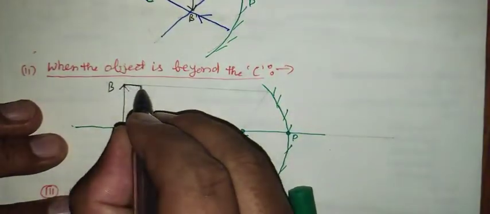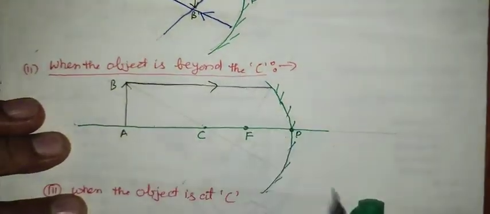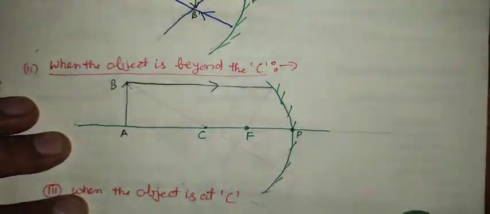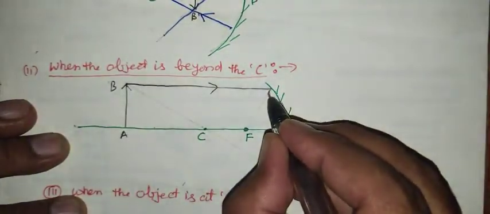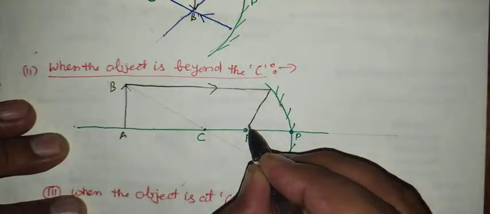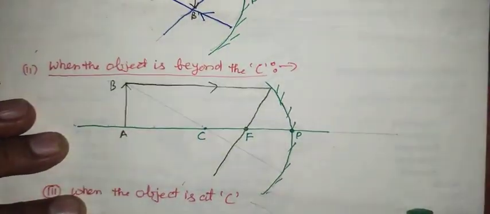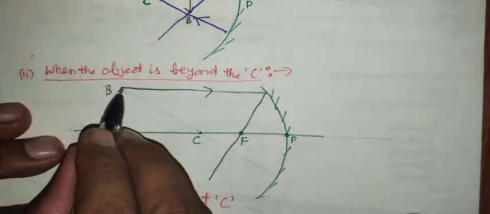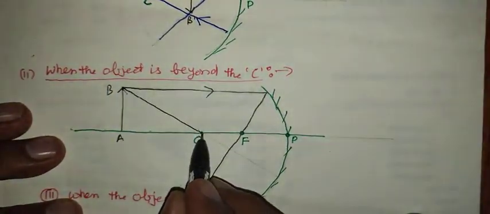We will take a ray of light parallel to the principal axis. We know in the rule a ray parallel to the principal axis, after reflection, always passes through the focal point. And the second ray we are taking from the center of curvature.